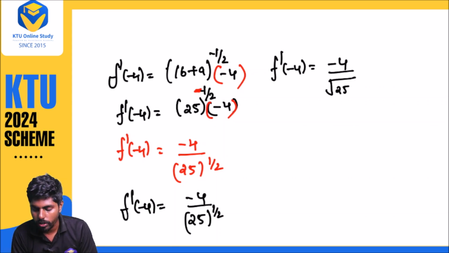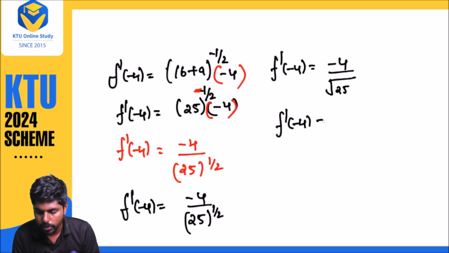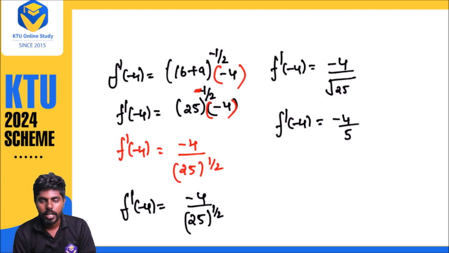So what is root 25? Already we know, it is nothing but 5. So minus 4 by 5. This is our f dash of minus 4.